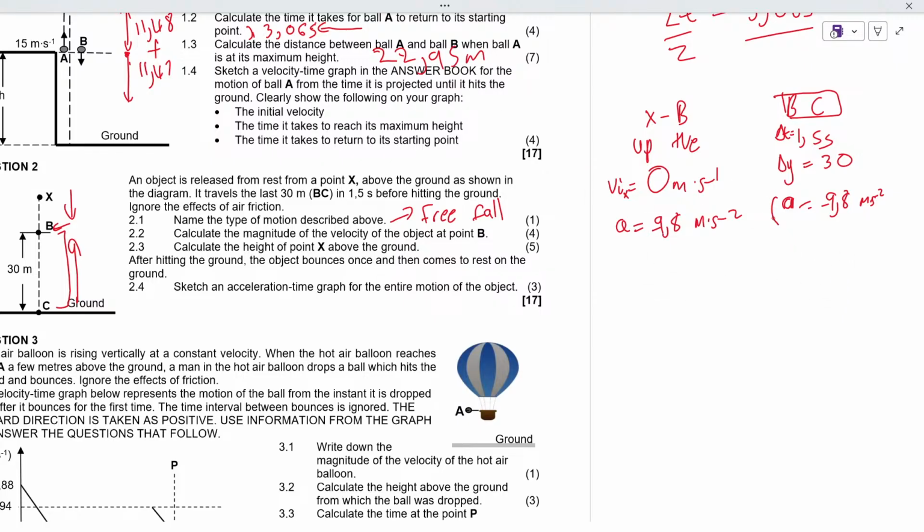On BC, the initial velocity is what we want, not the final. So we can use delta y equals v initial delta t plus 1 over 2 a delta t squared.